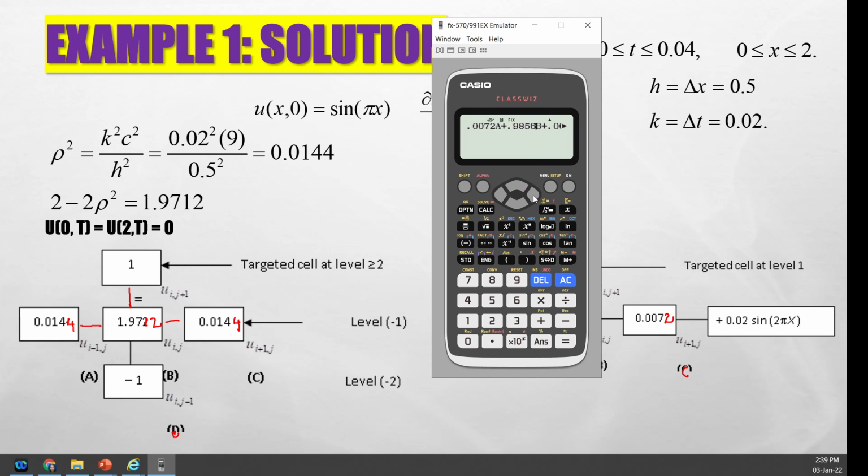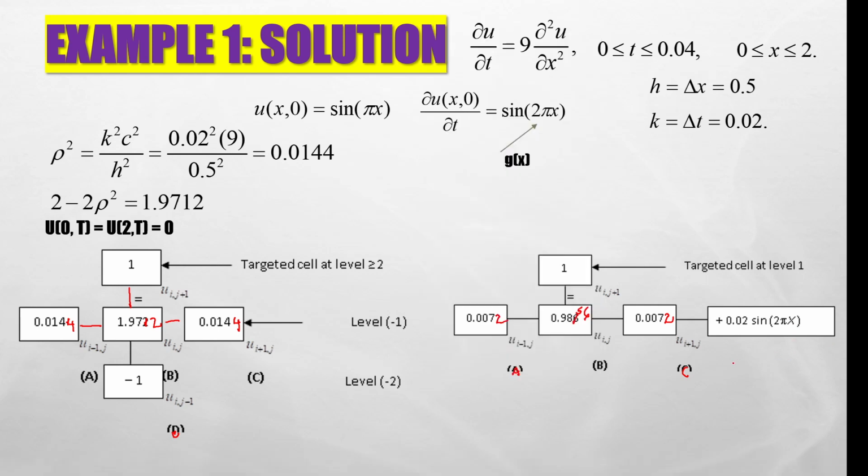But luckily, when x is 0.5, meaning you have half, if I need to add this term, 2 pi times 0.5 is pi, so sin pi equals 0. That's why just now I didn't add it up and still got the result.